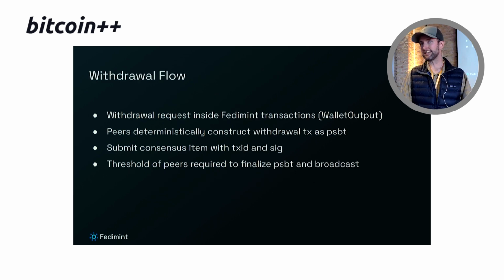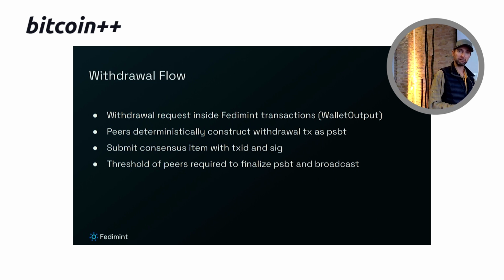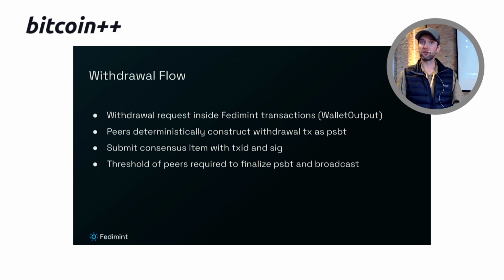So let's take a step back and consider how the withdrawal flow works for on-chain in Fedimint. When a user wants to withdraw funds, they'll construct a transaction that has mint inputs, which are just ecash tokens. And then there's an output saying, hey, here's my withdrawal request. I want this much Bitcoin on chain. They will submit this to the federation, and each peer will then begin deterministically constructing a payout transaction.